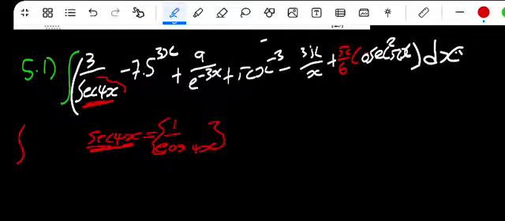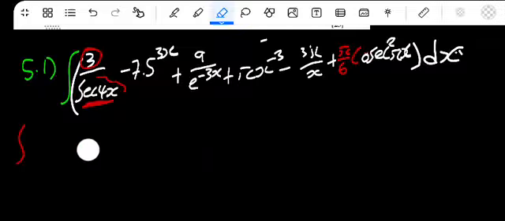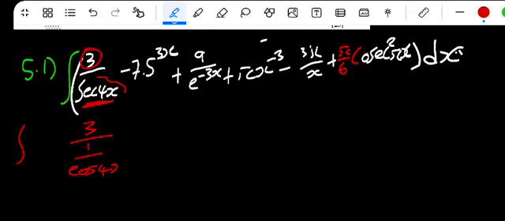On the top here, we have our 3, so we have a fraction on top of another fraction. That means we now have 3 over 1 over cos 4x. This will simplify to what?